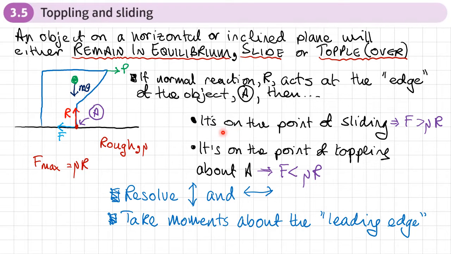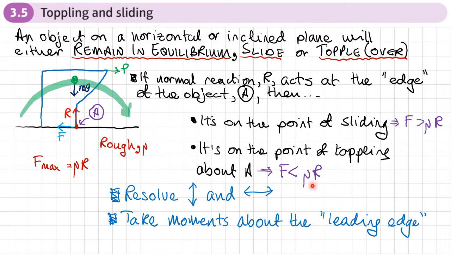So it's on the point of sliding if F is greater than mu R, and it's on the point of toppling about A, which basically means you can imagine the shape is trying to rotate around clockwise, and it's going to topple over with this bit hitting the ground first. So imagine it going around this way, and it's going to topple about A, that's how we describe it, if F is less than mu R.